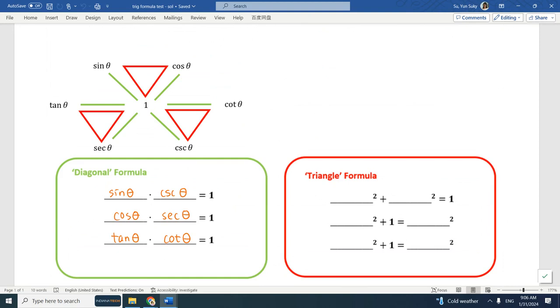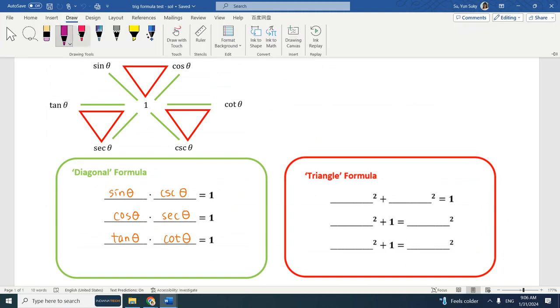Do you see in this picture there are three upside down triangles? I call them upside down because usually when you draw a triangle, you draw it pointing up. But these three triangles point down.